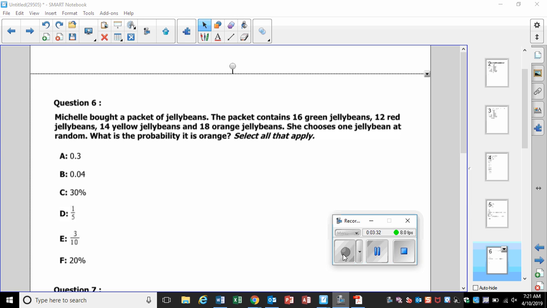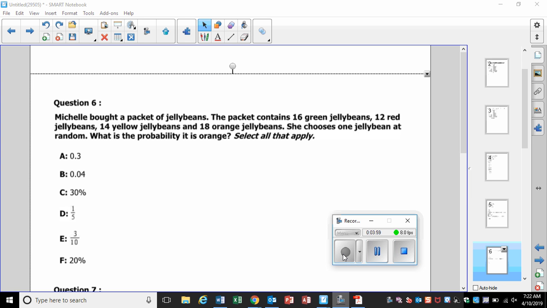Question 6. Michelle bought a packet of jelly beans. The packet contains 16 green jelly beans, 12 red jelly beans, 14 yellow jelly beans, and 18 orange jelly beans. She chooses one jelly bean at random. What is the probability it is an orange jelly bean?